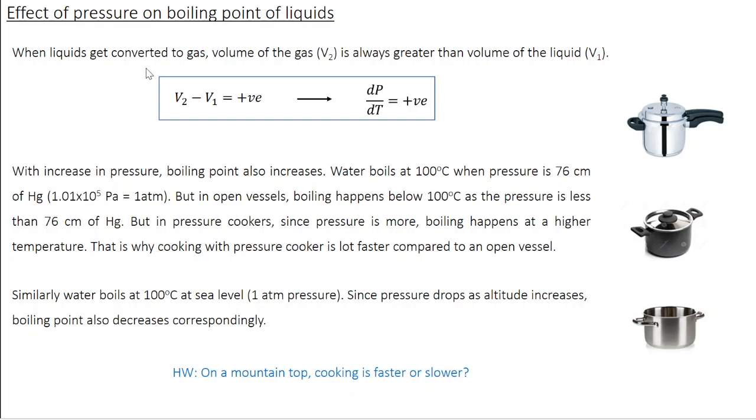Whenever a liquid gets converted into gas, the volume of the gas is always greater than the volume of the liquid. So if you take the volume of gas as V2 and the volume of the liquid as V1, V2 minus V1 is always positive.